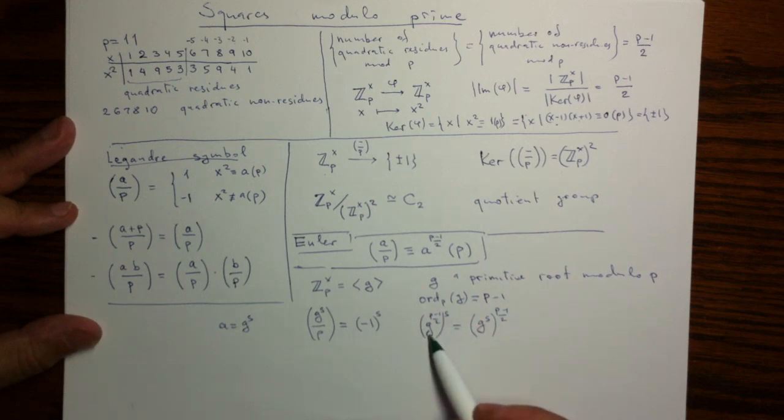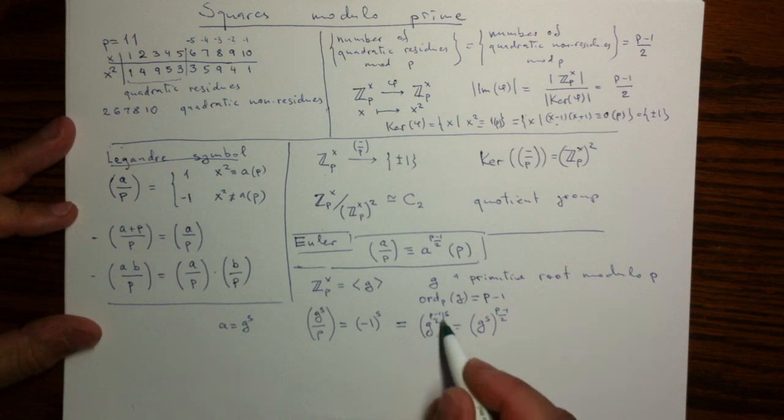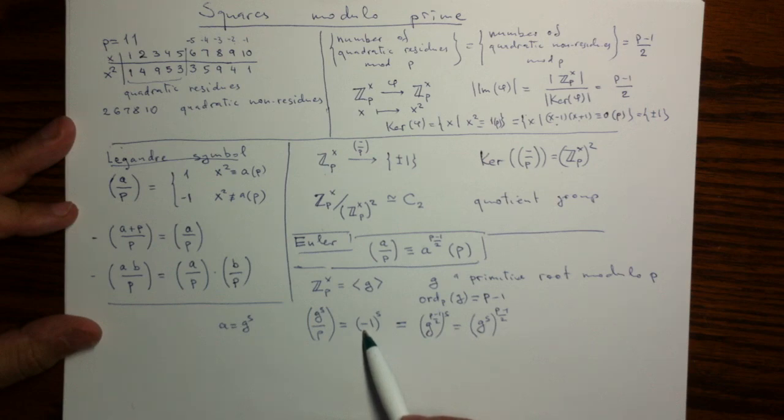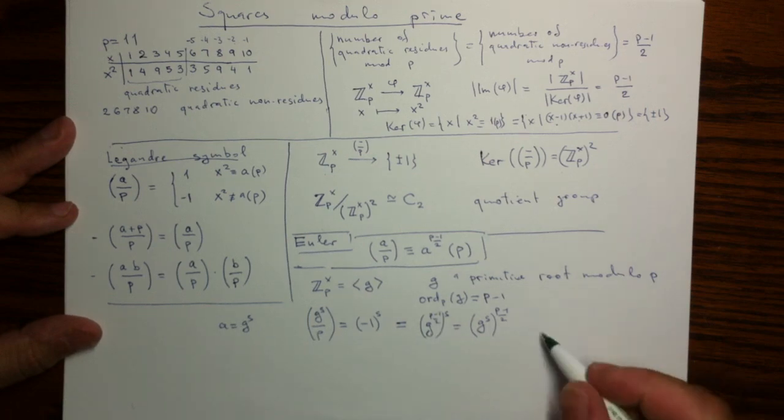But g is a generator, so any element will have to be a power of g, including negative 1, and this element squares to 1, and it is not 1, so that must be negative 1. So we have negative 1 to the power s. And so we have it proved.